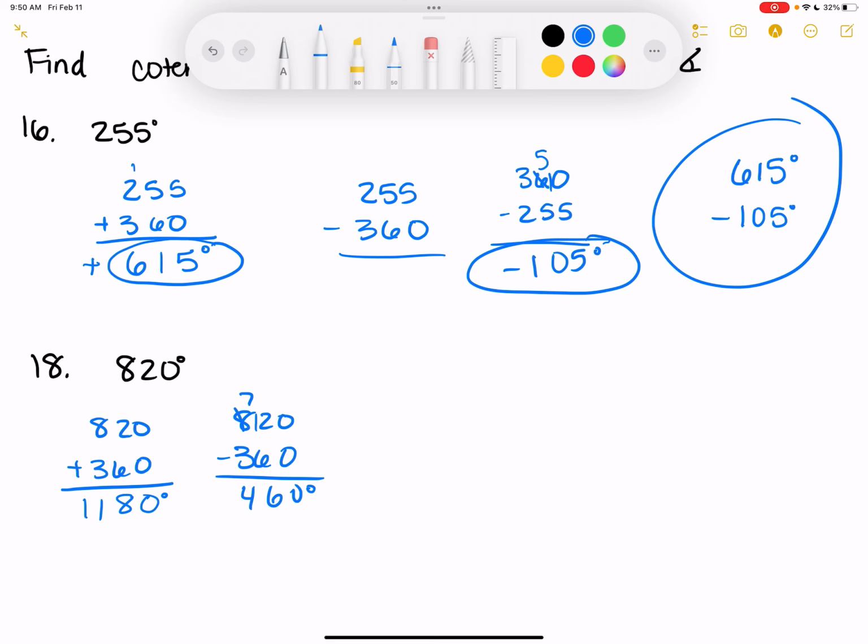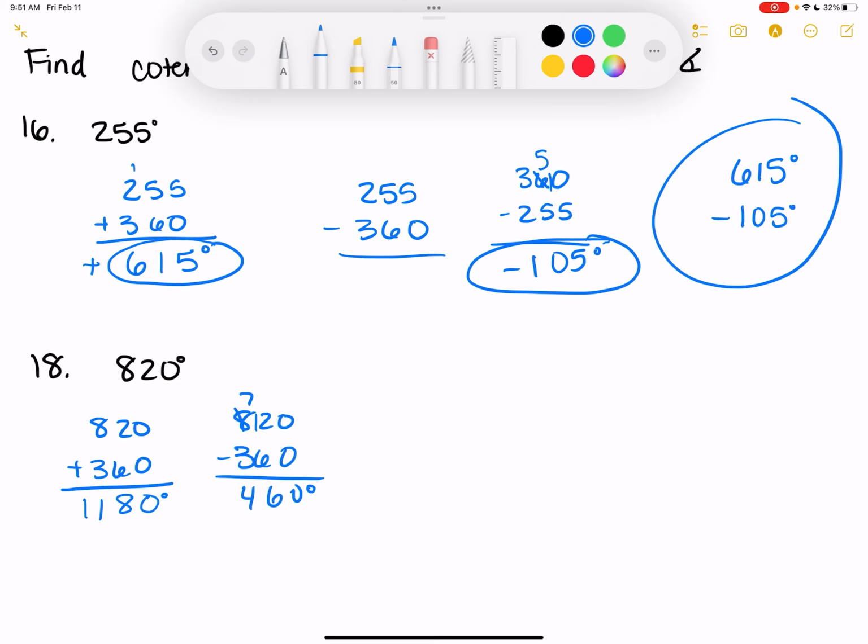I will typically say if you have a number that's bigger than 360, go with an answer like this over this one because this one here is going to lead to extra work, right? Because you're going to add it and then you're going to have to subtract to get down to a negative value.